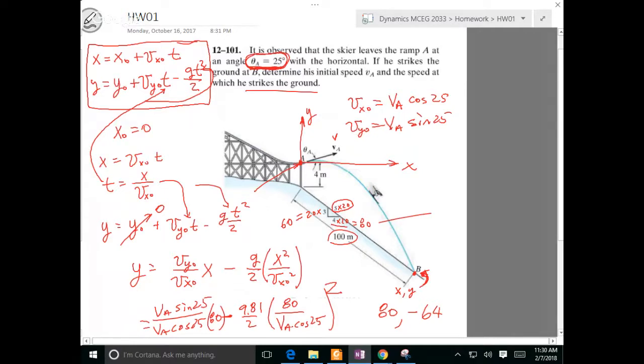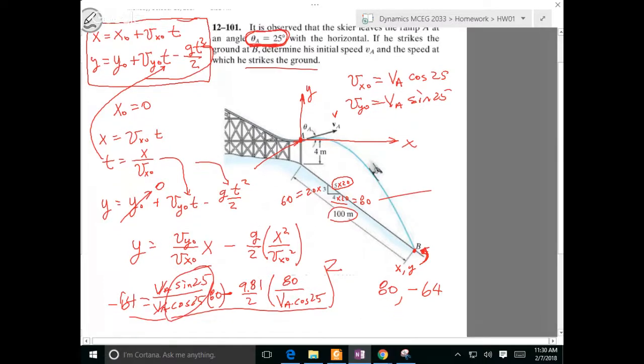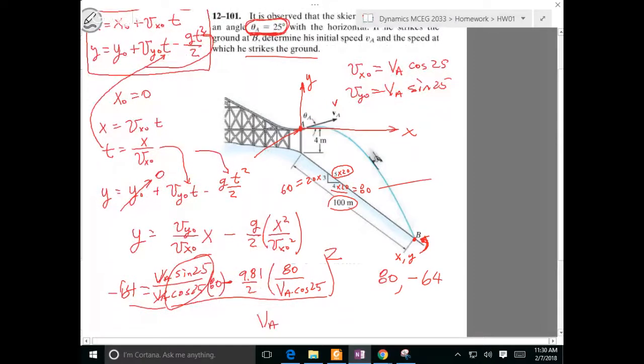And Y was minus 64. So you can just, by the way, this cancels that and this becomes a tangent. Looks to me like you could just solve for VA there. Once you solve for VA, you can do anything you want.